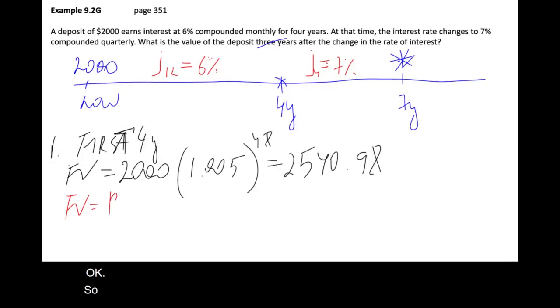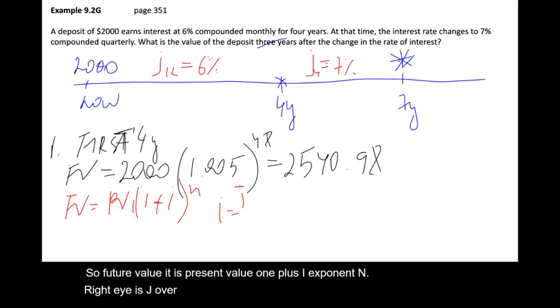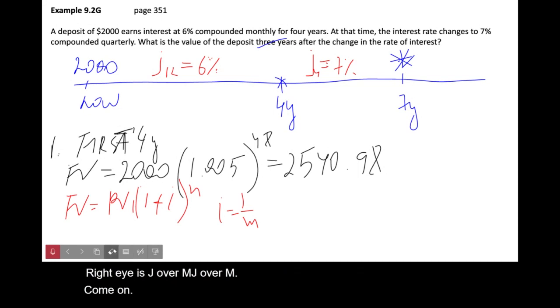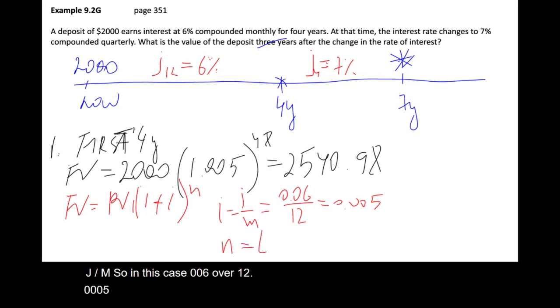So future value is present value times 1 plus I, exponent n. I is J over M. So in this case, 0.06 over 12, that's 0.005. N is TM.